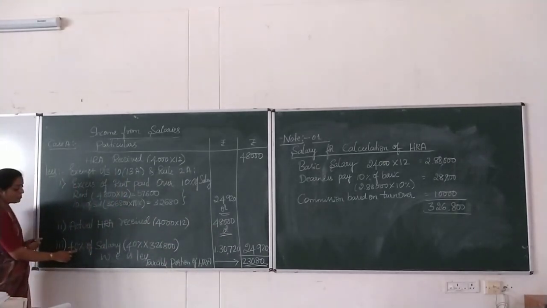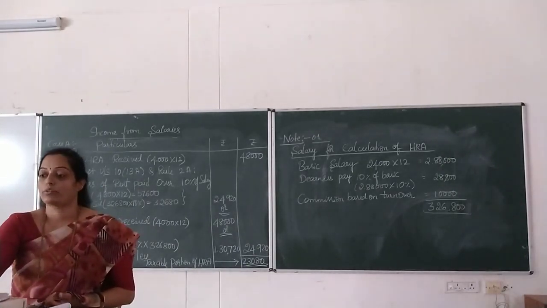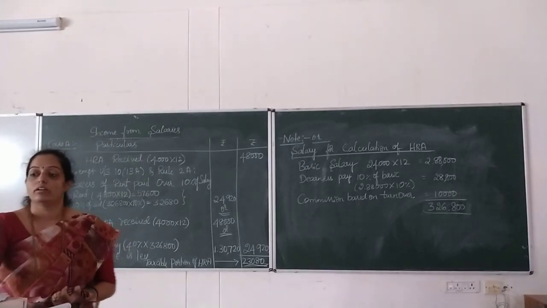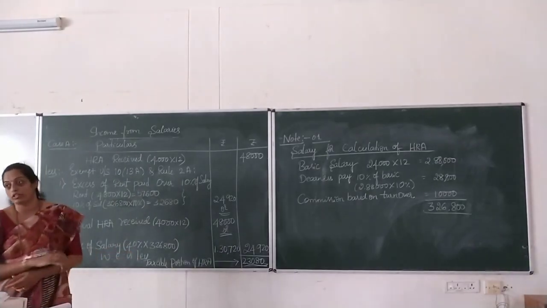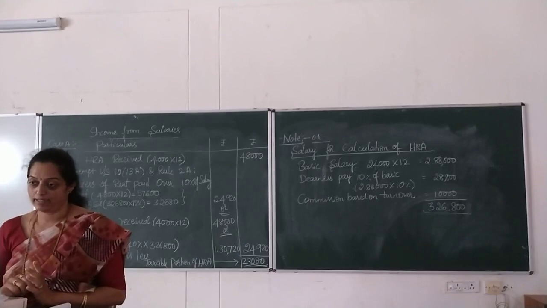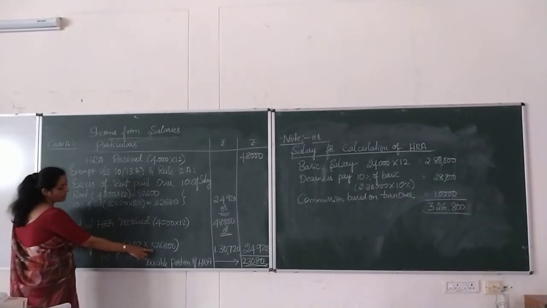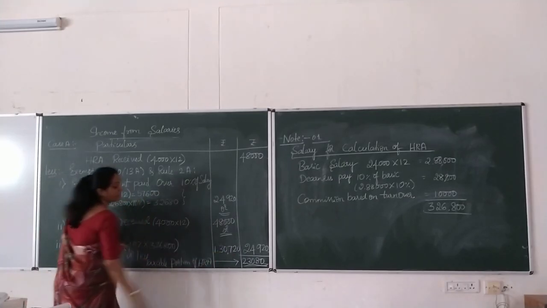Or 40% of salary because the house is situated at Bangalore. We need to take 40% of salary if it is situated at Bangalore. If it is situated in any metropolitan city, we need to take 50% of the salary. So here 40% of 3,26,800 gives you 1,30,720.